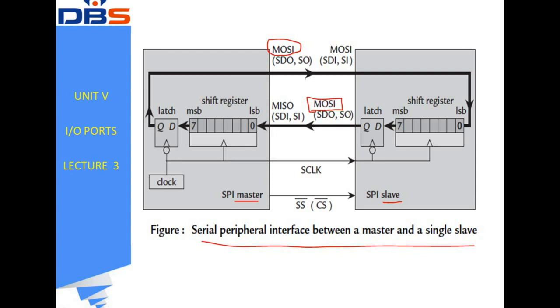I repeat, whenever we are transmitting data from master to slave, we use the MOSI pin, and whenever we are transmitting data from slave to master, we use the MISO pin. Which slave is selected depends upon this SS pin, that is the slave select pin.